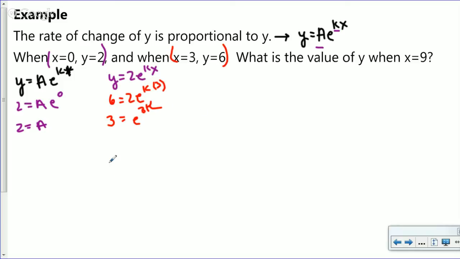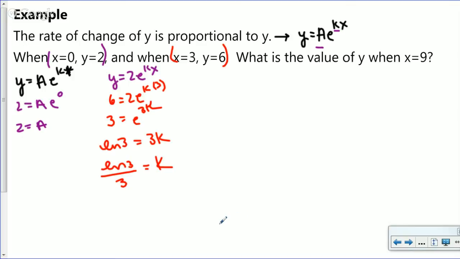All right, now how do I get rid of the e? ln of both sides. And now what? Divide both sides by 3. Okay. These are calculator active, so let's go ahead and put this in our calculator.